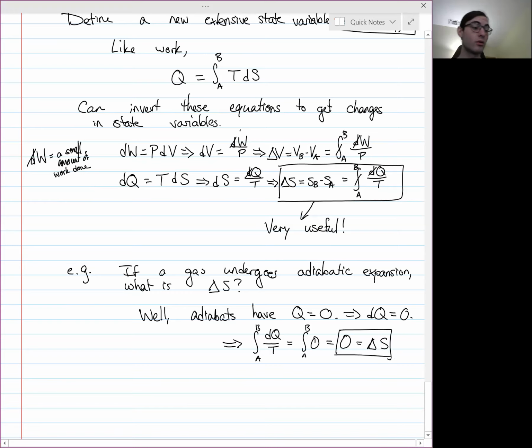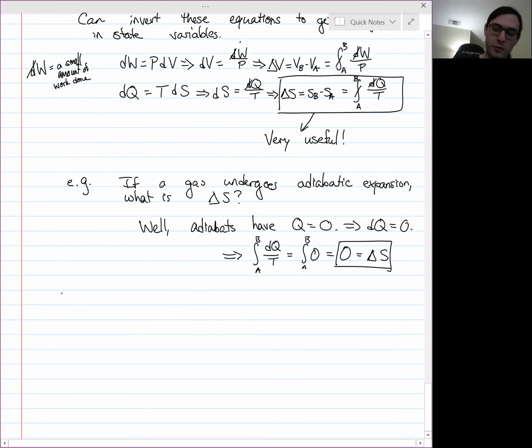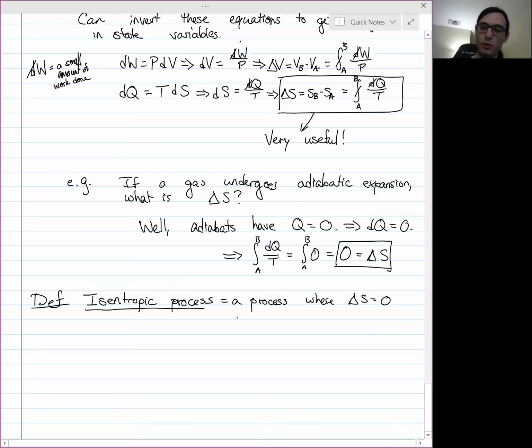So another definition of a new term: an isentropic process is a process where the entropy doesn't change. And this is equivalent to an adiabatic process.